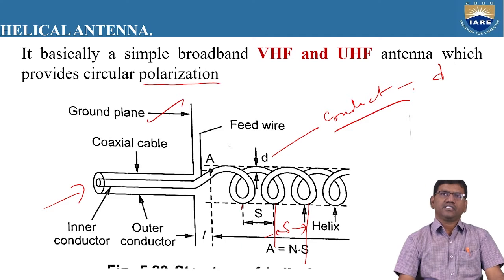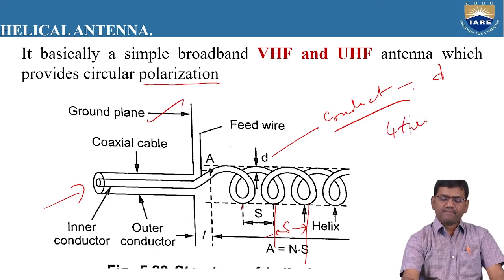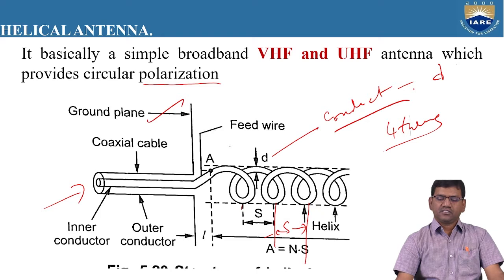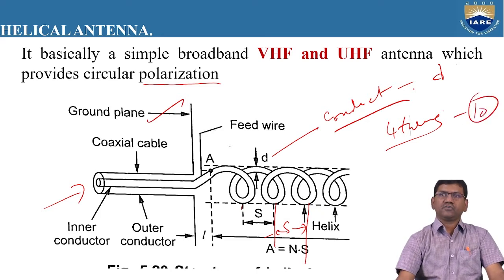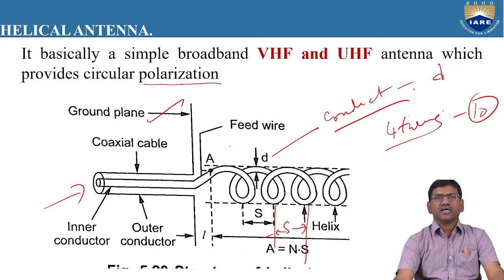If you want to increase the radiation intensity or the directivity, you need to increase the number of turns. Here there are only 4 turns, so by increasing the number of turns from 4 to 10, we can increase the directivity of the helical antenna.